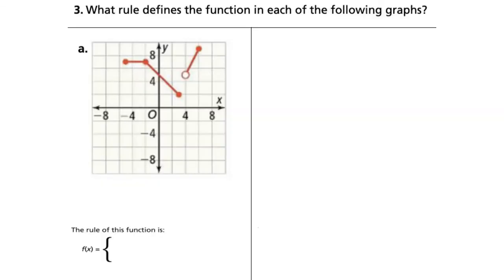All right, so now you're going to try these on your own. Do exactly what we did in the last one. You want to first find the domains for the first graph, the next graph, so for all 3 parts.